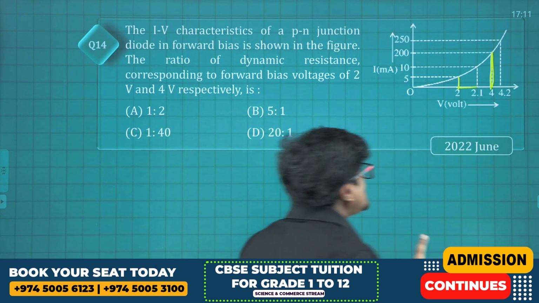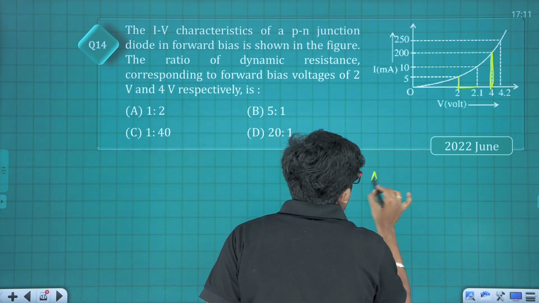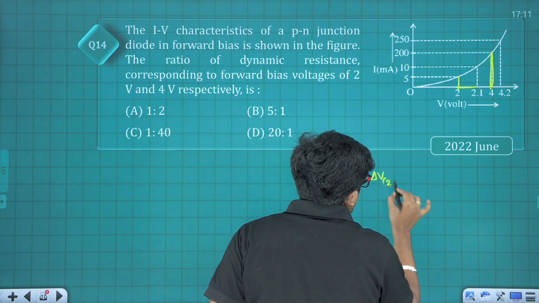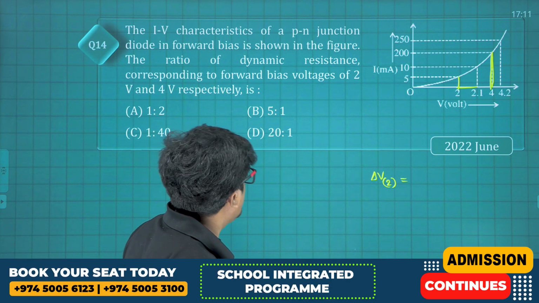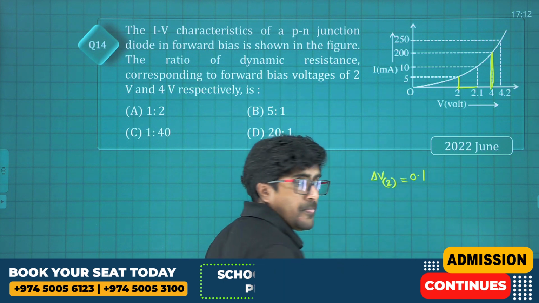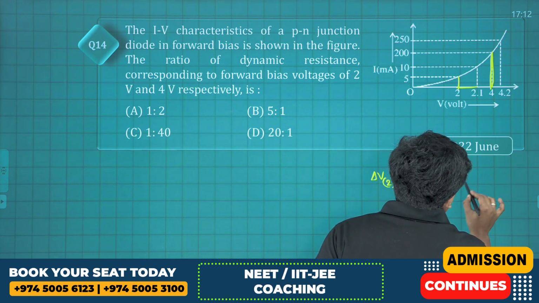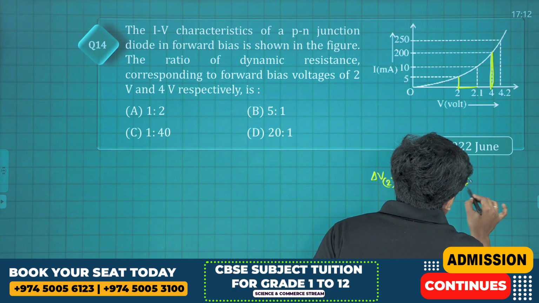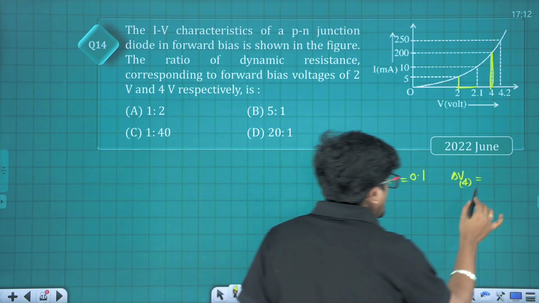I can take a variation from 2 to 2.1. So delta V at 2 volt, that is coming as how much? 0.1. Okay, now delta V at 4, that is coming as how much? 4 to 4.2, that is 0.2.